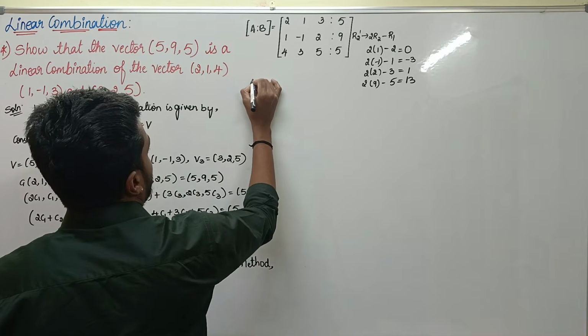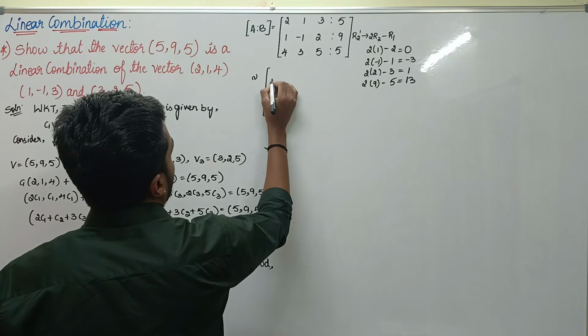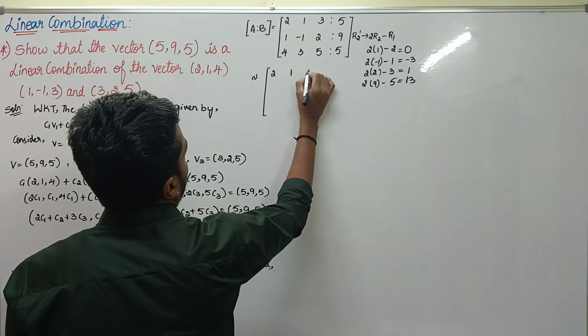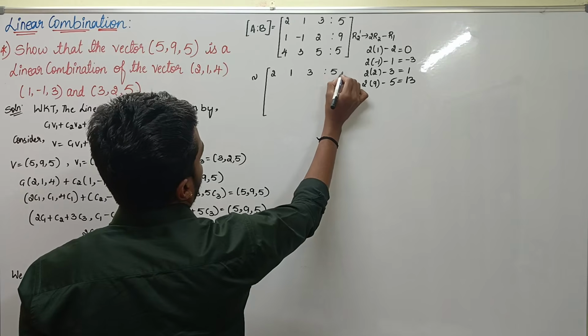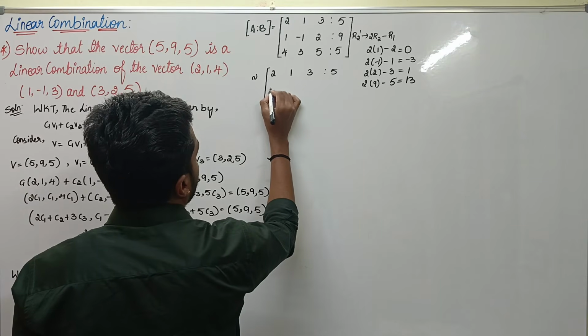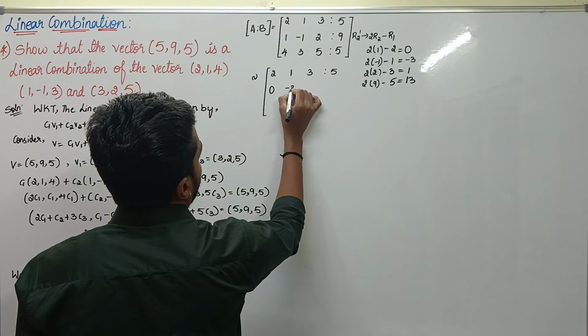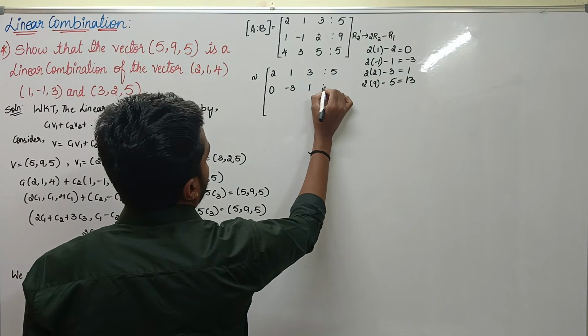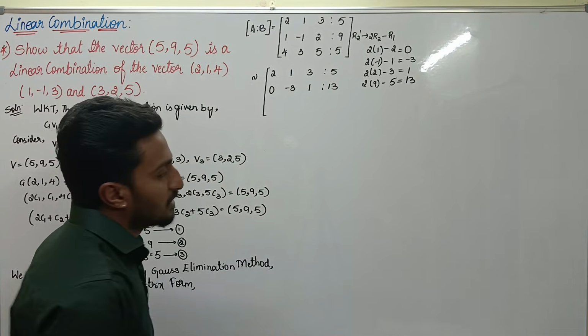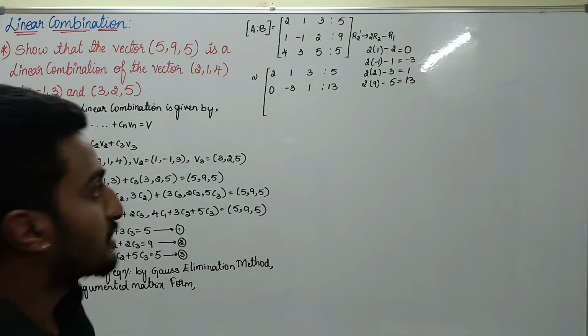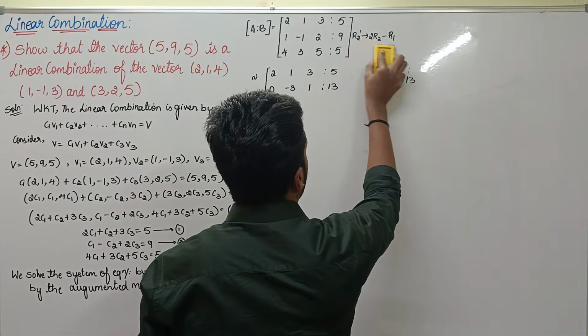The first row will be constant, 2, 1, 3 augmented with 5. Next the second row elements are 0, minus 3, 1 augmented with 13. Done. Now let us simplify the third row first element, that is 4.